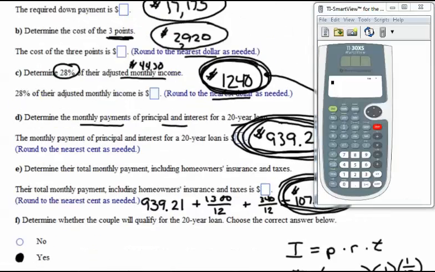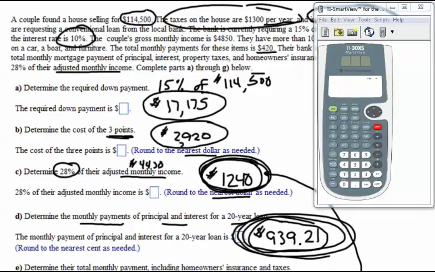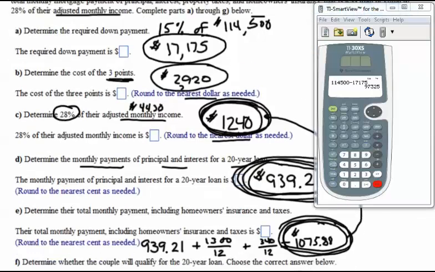So going back up top, they bought the house for $114,500, and they put a down payment of $17,175 down. So their mortgage amount was $97,325.